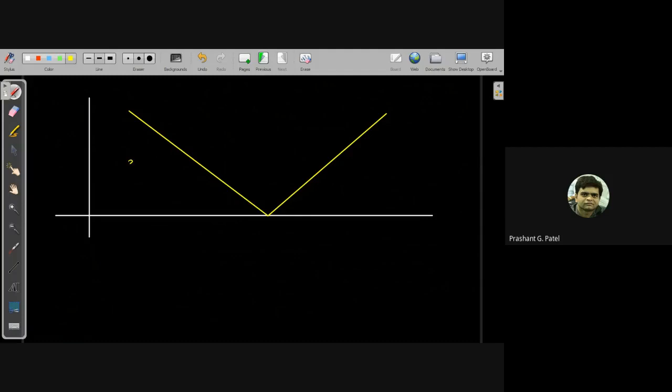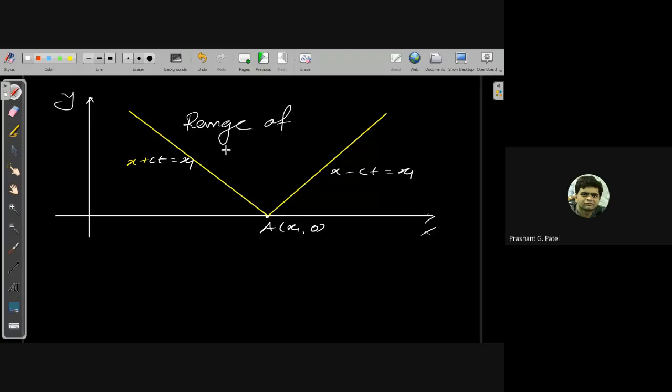This is x plus ct is equal to x1, and this is x minus ct is equal to x1. This is the point x1 comma 0. And this region which is here is called the range of influence of A.